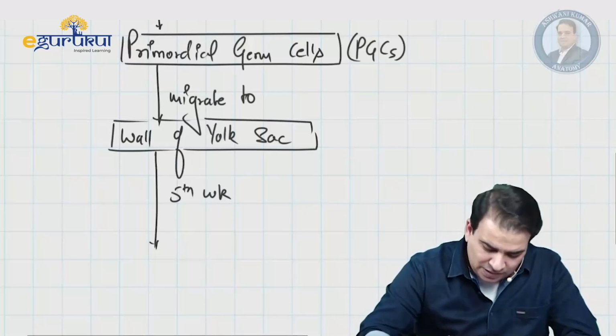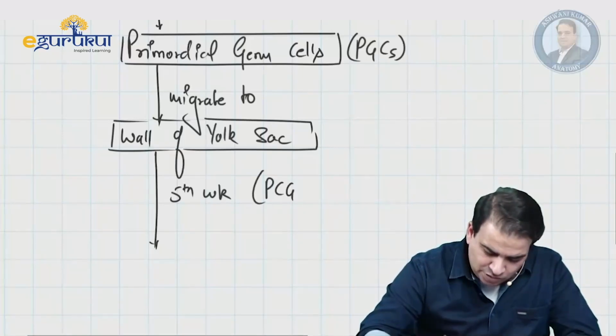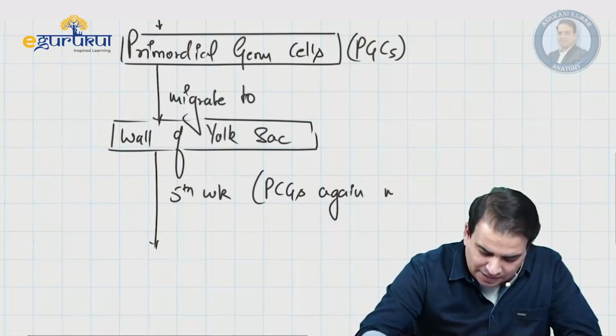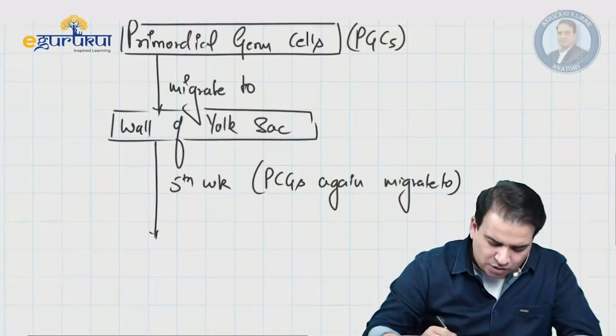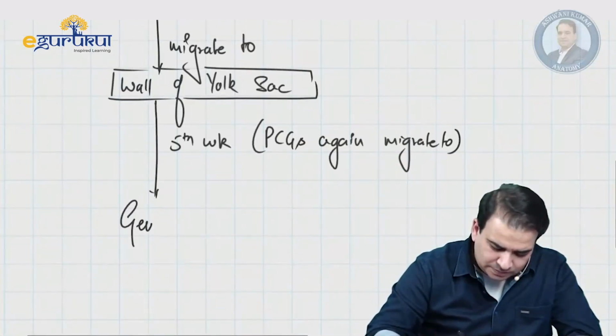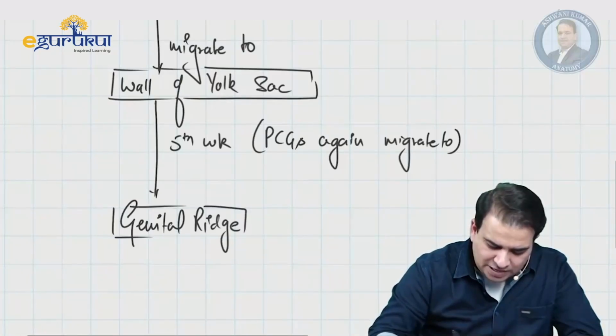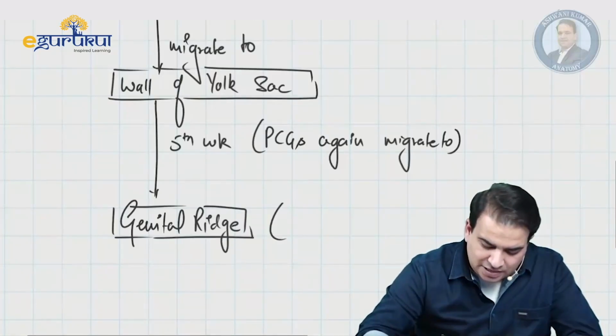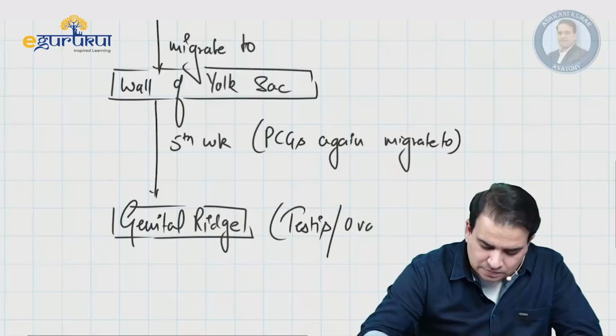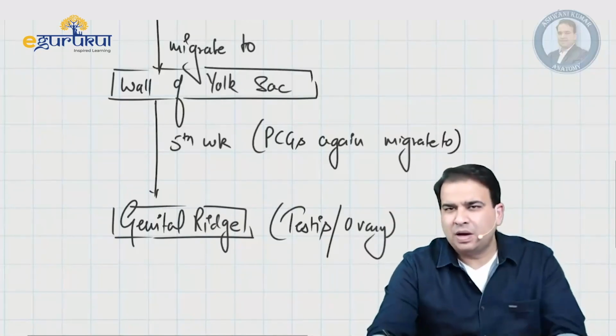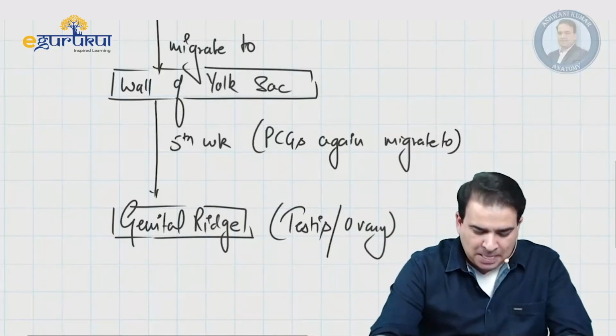So in the fifth week, these primordial germ cells again migrate. Now they migrate to what? Genital ridge or gonadal ridge. You can call it genital ridge or gonadal ridge. Genital ridge is something which will give rise to the testis or ovary, which eventually we will discuss.